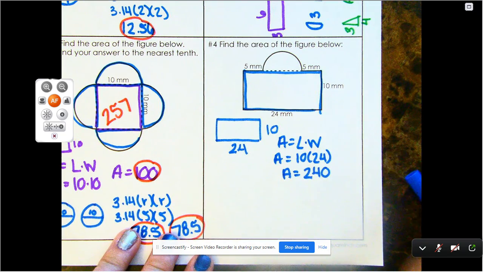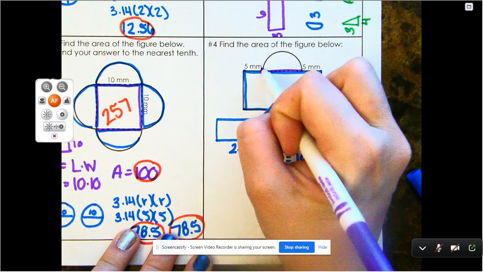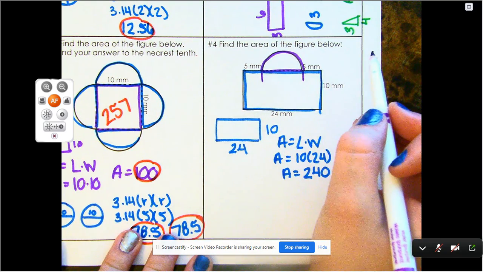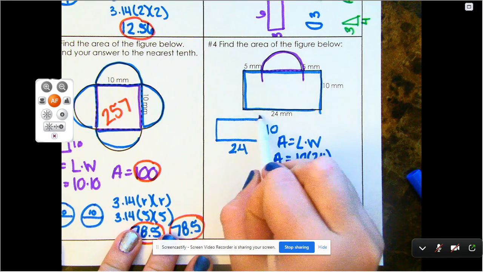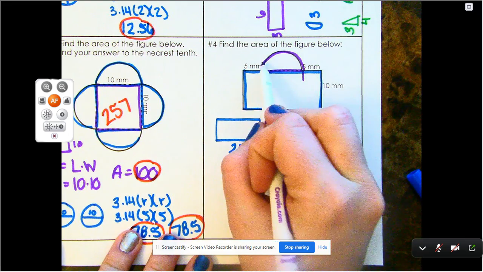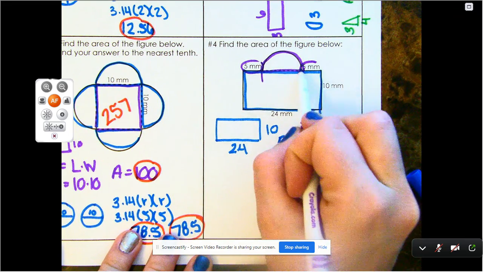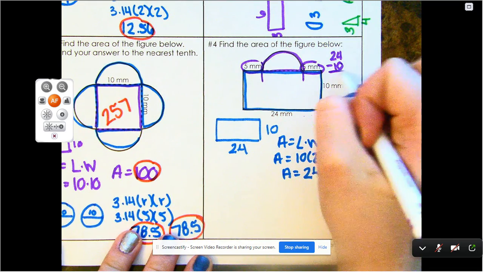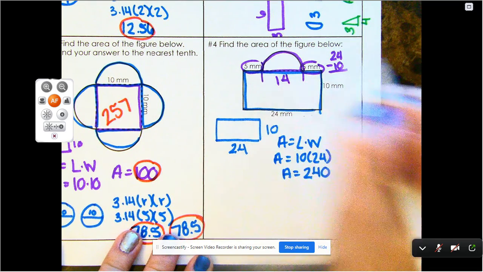And then the other shape that I see is a half circle with this piece missing. Okay, so I know that the total is 24, and I know 5 and 5. So I need to do 24 minus 10 to figure out the missing piece, and that happens to be 14.